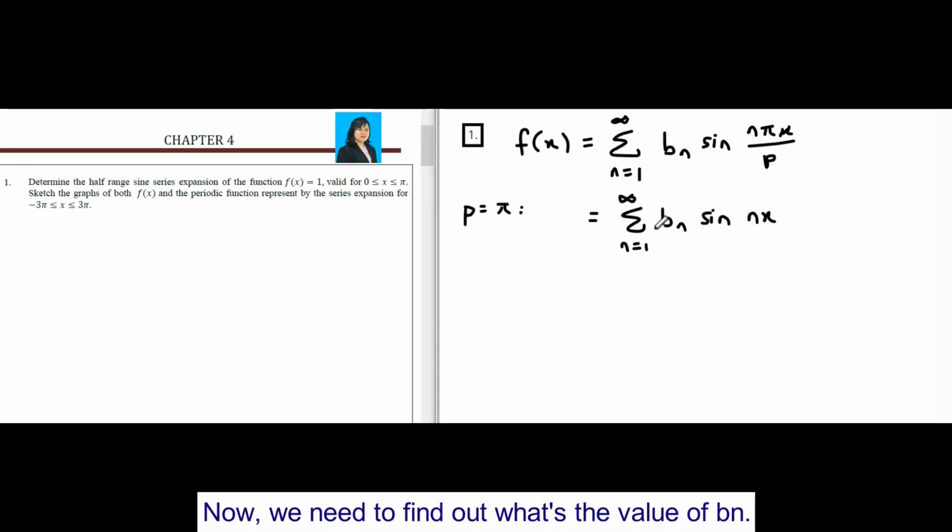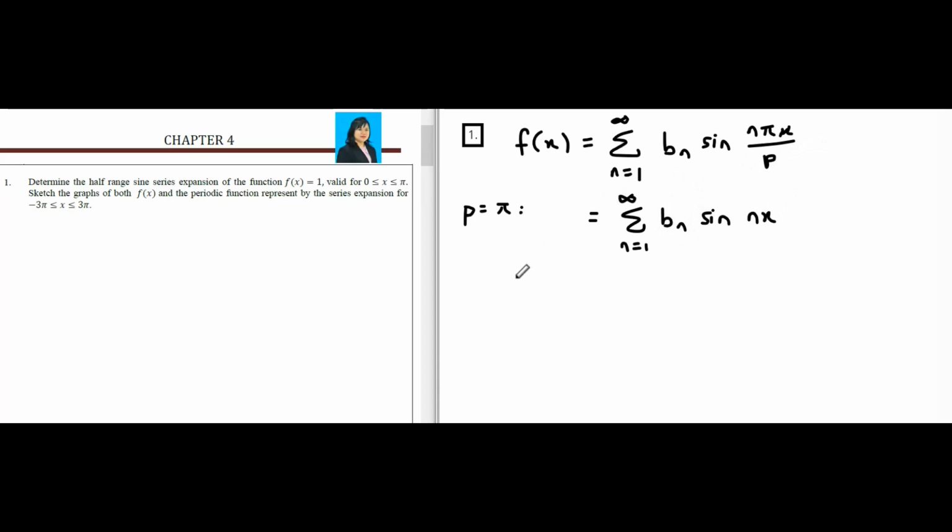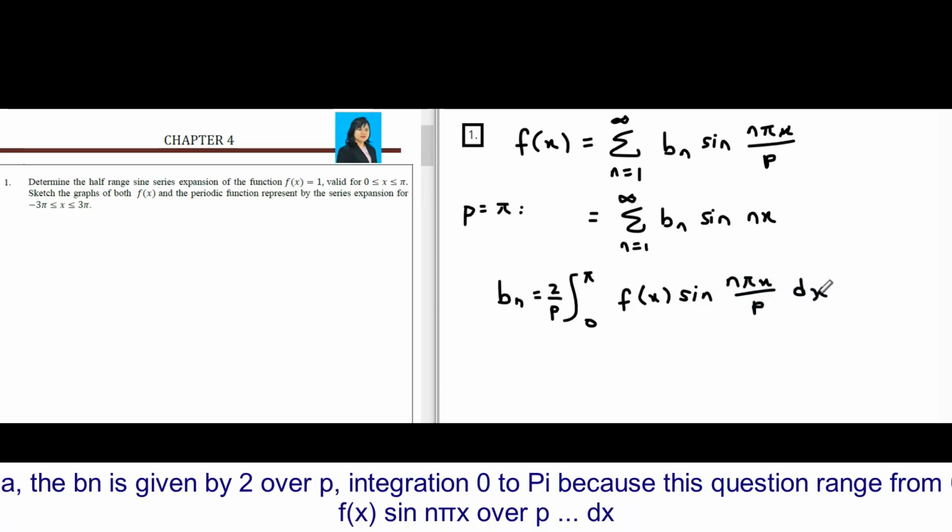Now we need to find out what is the value of Bn. By formula, the Bn is given by 2 over p integration 0 to pi, because this question ranges from 0 to pi, f(x) sine n pi x over p dx.